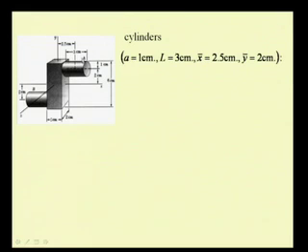The cylinder has a radius of 1 centimeter, the length of the cylinder is 3 centimeters, and the location of the centroid, x bar, that is along the x axis, is equal to 2.5 centimeters, because we know the length of the cylinder is 3 centimeters.